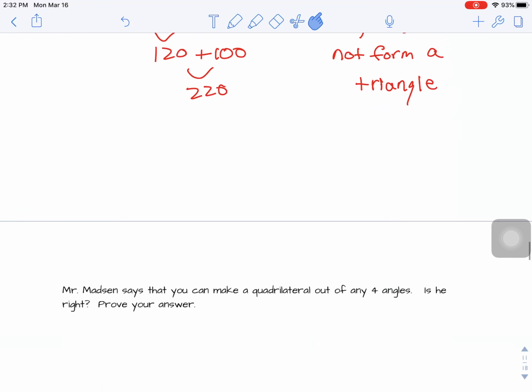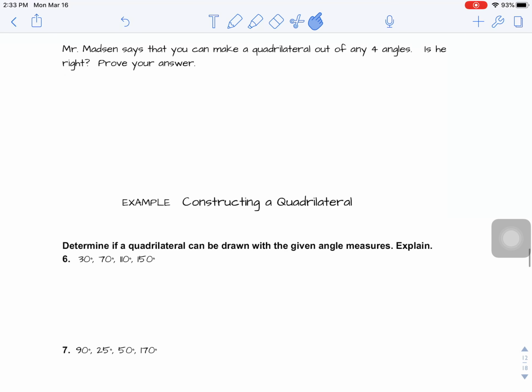All right, now moving on to Mr. Madsen. Mr. Madsen says that you can make a quadrilateral out of any four angles. Is he right? Prove your answer. So no, Mr. Madsen is incorrect.